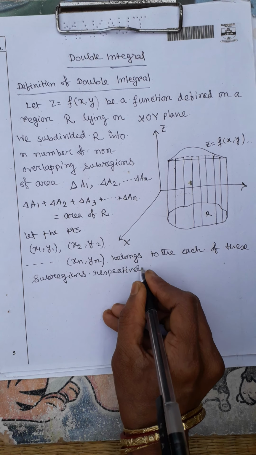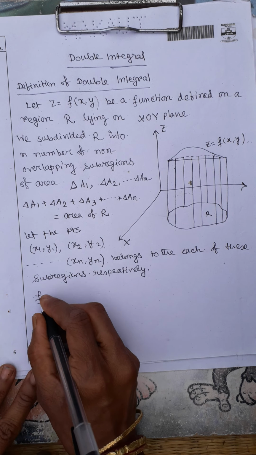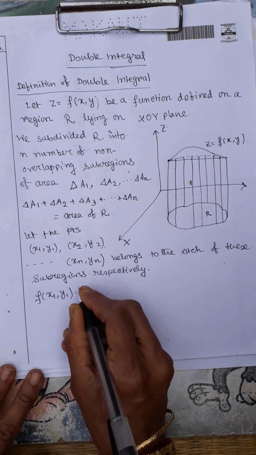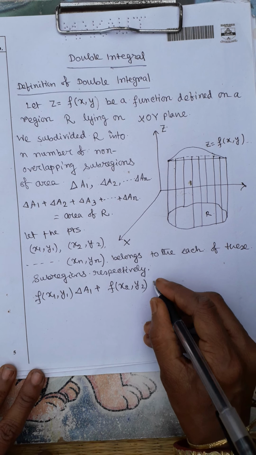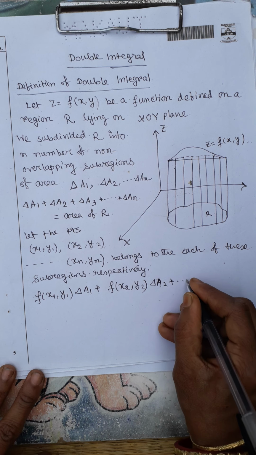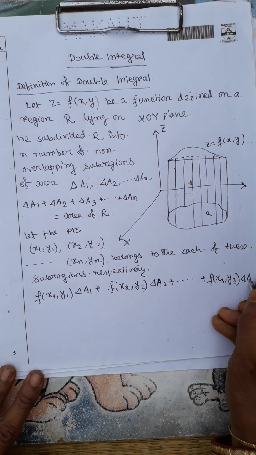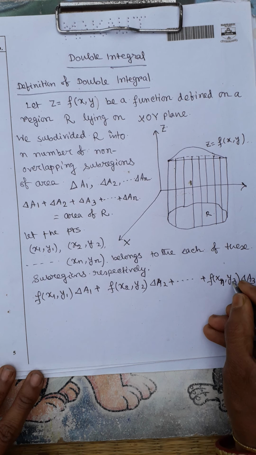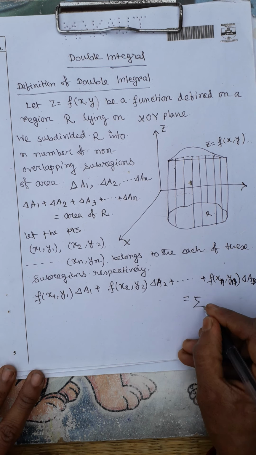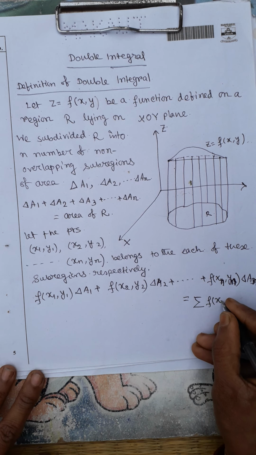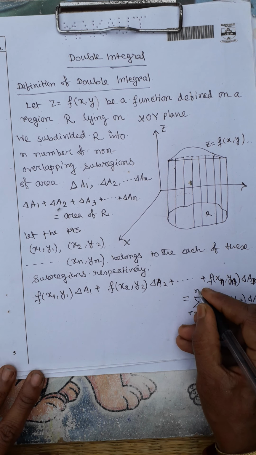Then we find the sum, say f(x1,y1) delta A1 plus f(x2,y2) delta A2 plus up to f(xn,yn) delta An, which is equal to the summation of f(xr,yr) delta Ar, where r equals 1 to n.